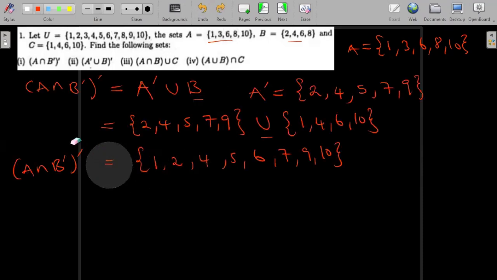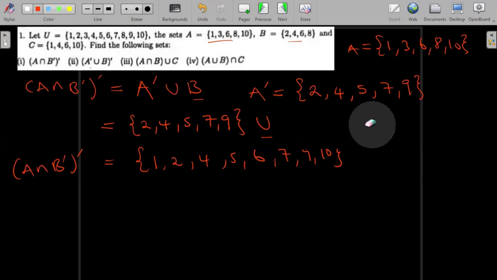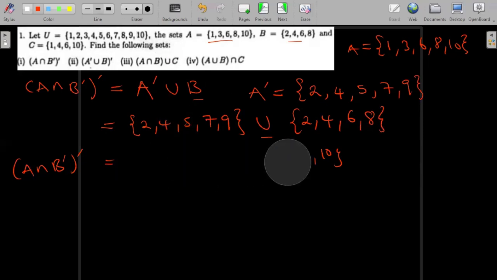This is the set which we got. This is set C and not B. I didn't see that clearly. So set B, if you check the question, is 2, 4, 6, and 8. That's the reason why I need feedback from you guys. You didn't see that I used the wrong set.